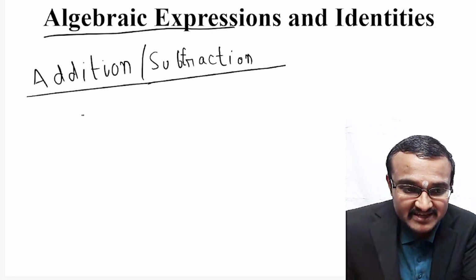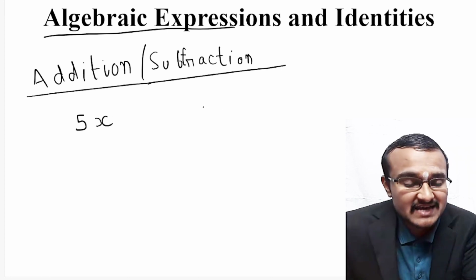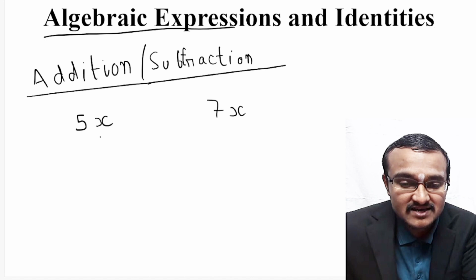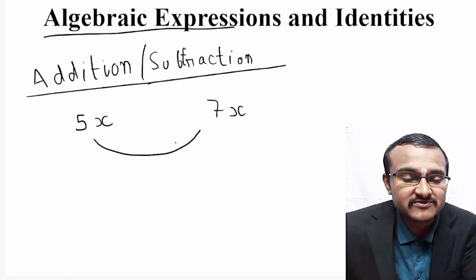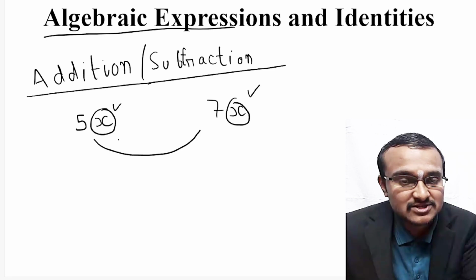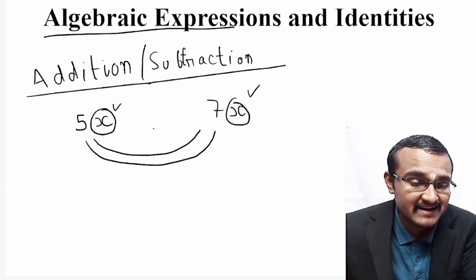For example, if I give you 5x and 7x, then you can perform addition between 5 and 7 because they have the same variable x. So you can easily add 5 and 7.